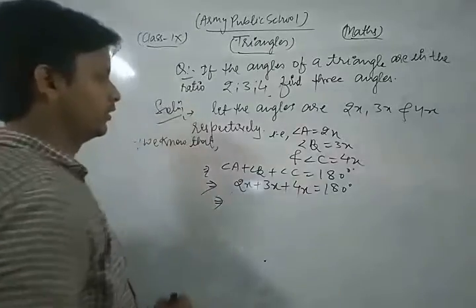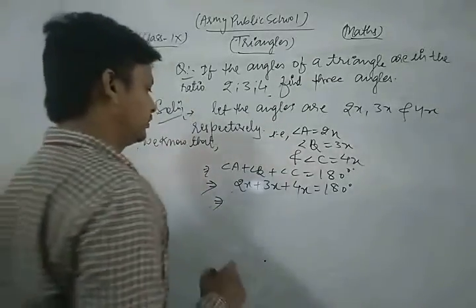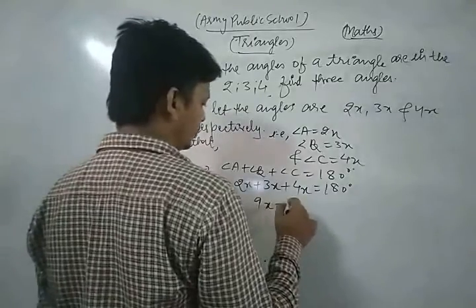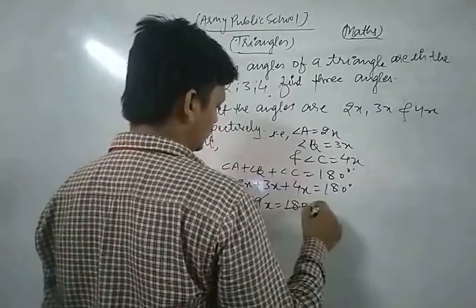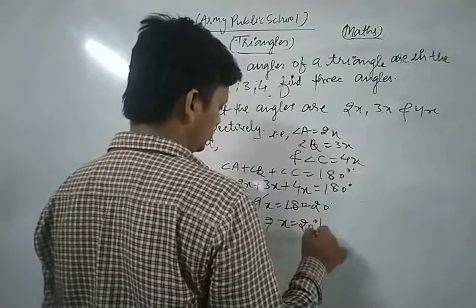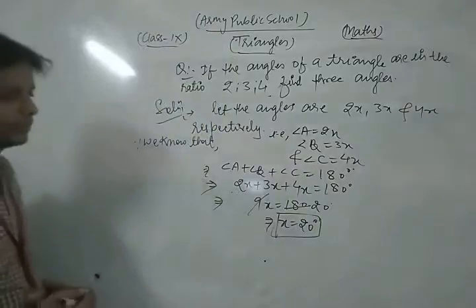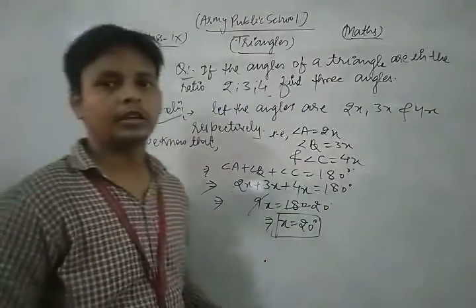Now we simplify them. So this is 9x is equal to 180, thus the value of x is equal to 20.